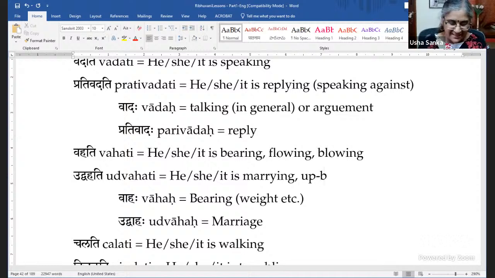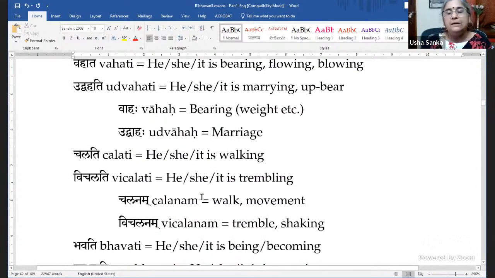I cannot translate it better because I don't have an equivalent word in English. So up bear, so bear up, like that. So it also means that. This proves that there are more than one meaning for these upasarga added dhatus.